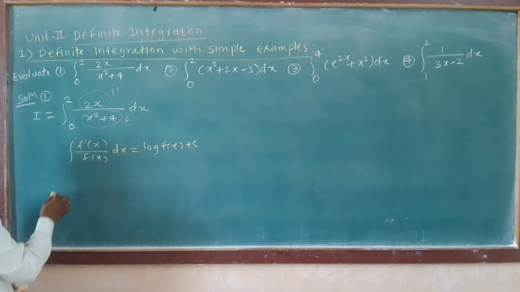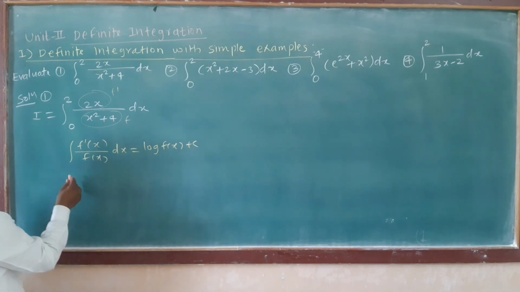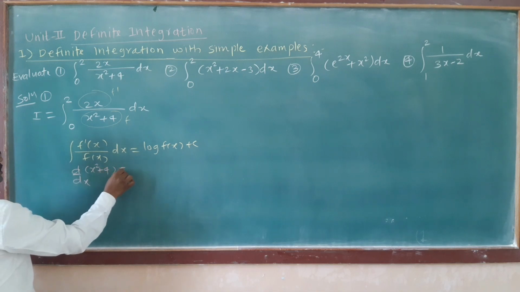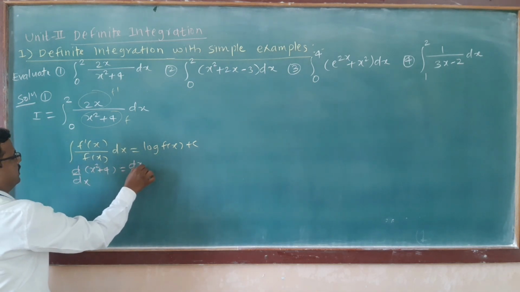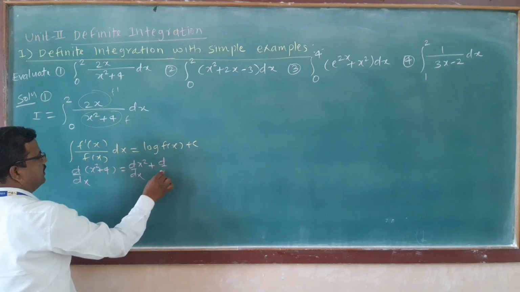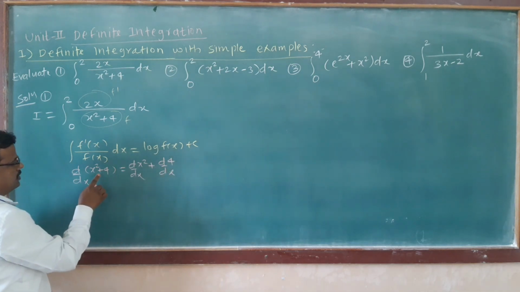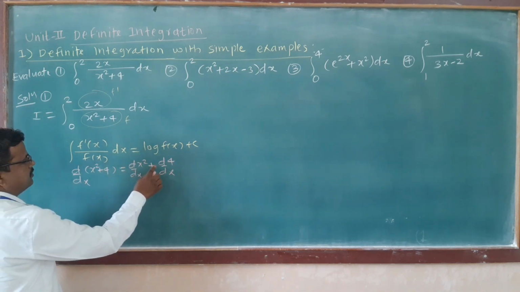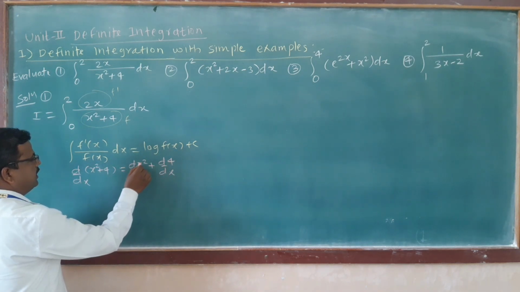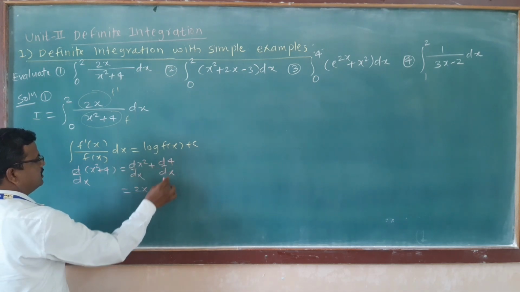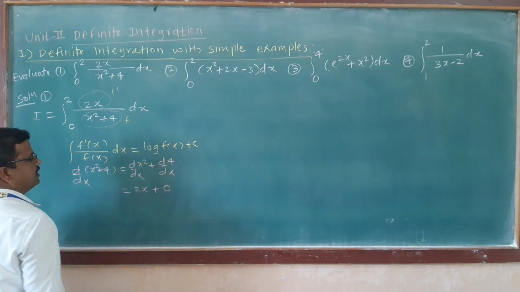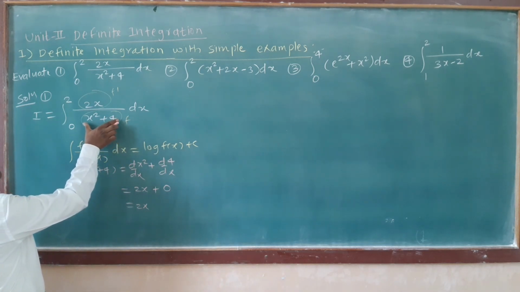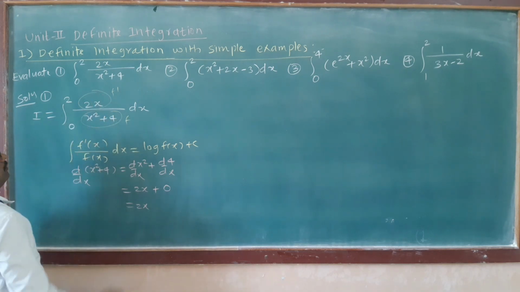If you take derivative d by dx of x square plus 4, it is equal to d by dx of x square plus d by dx of 4. This is addition, use addition rule of derivative. d by dx of x square is 2x plus derivative of 4, which is constant, is 0. So this is 2x. So if you treat this as f, then numerator is f dash.